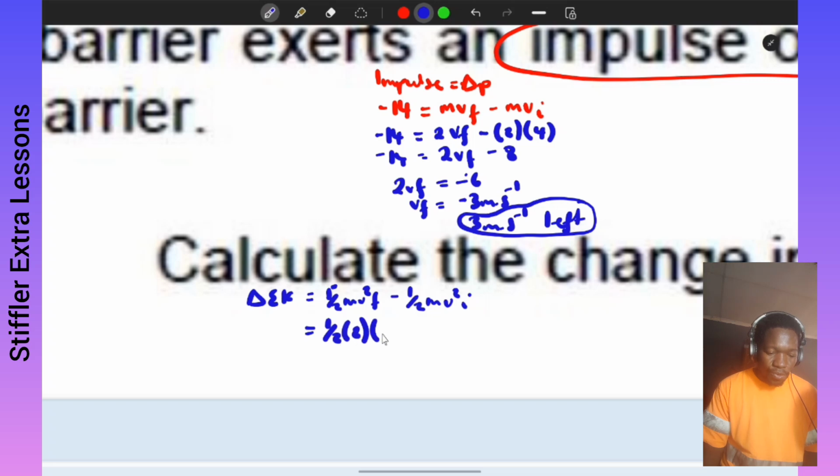So this is half times 2 multiplied by negative 3 squared, minus half times 2 times 4 squared, because when it struck, it was 4 meters per second. So this gives us 9 minus 16. So our change in EK just becomes negative 7 joules, like that.